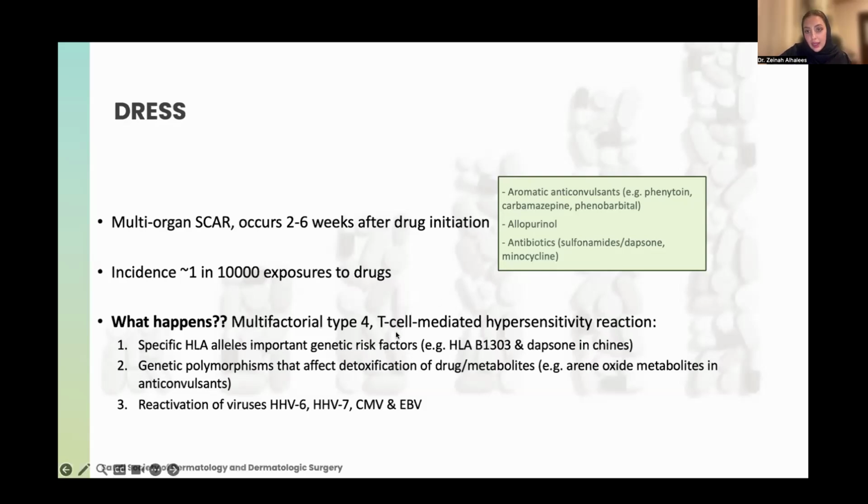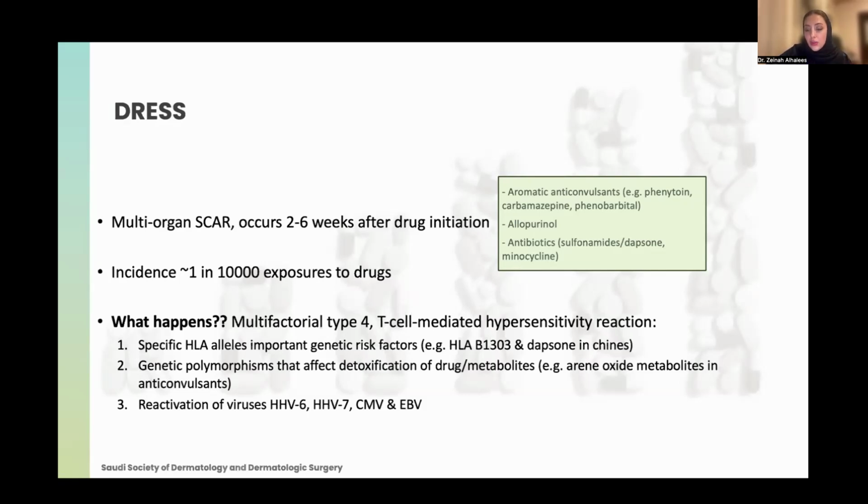So what happens exactly? It's a multifactorial type 4 T-cell mediated hypersensitivity reaction. You do have specific HLA alleles that are important genetic risk factors. Similar to SJS/TEN, we have, for example, HLA-B*13:01 and dapsone in Han Chinese. You also have genetic polymorphisms that affect detoxification, like we said, slow acetylators.